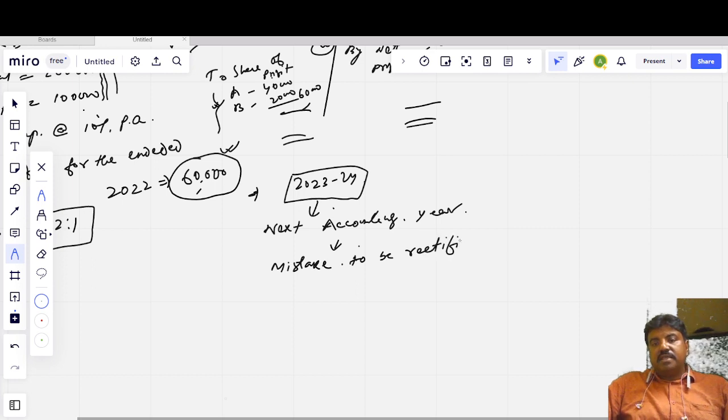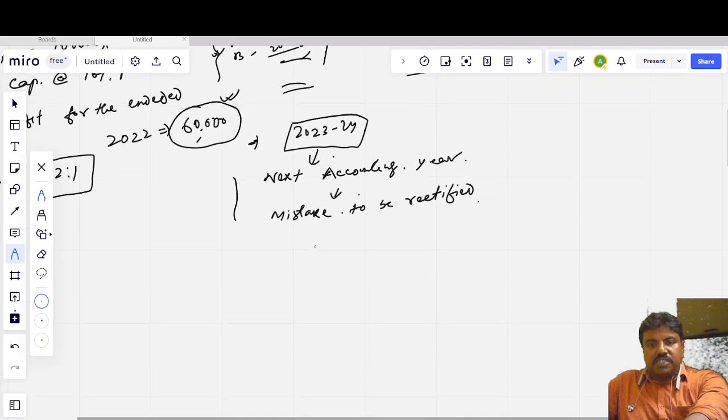That's why this is called past adjustment, because this mistake occurred in the past. Now we are in the next accounting year, and we are trying to rectify that. So that's why this portion in profit and loss appropriation we often treat as past adjustment. The mistake occurred earlier, and we are trying to rectify it right now in the current year.